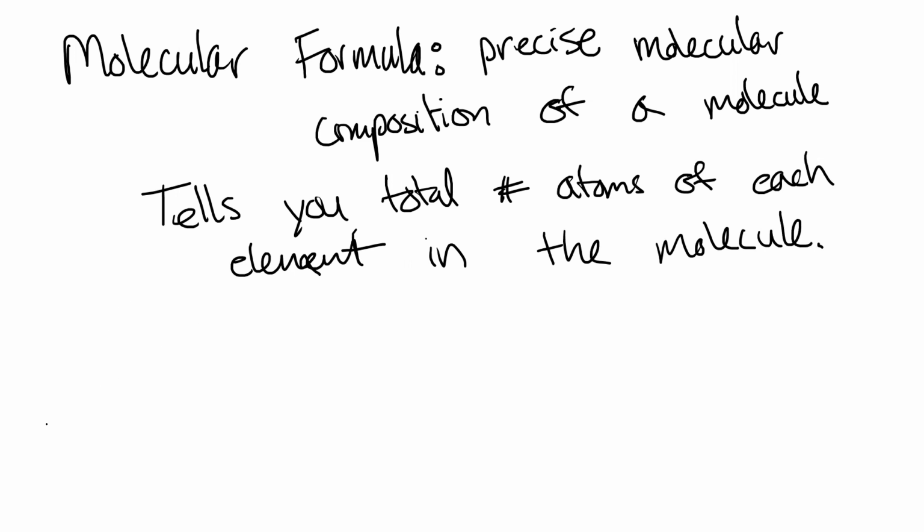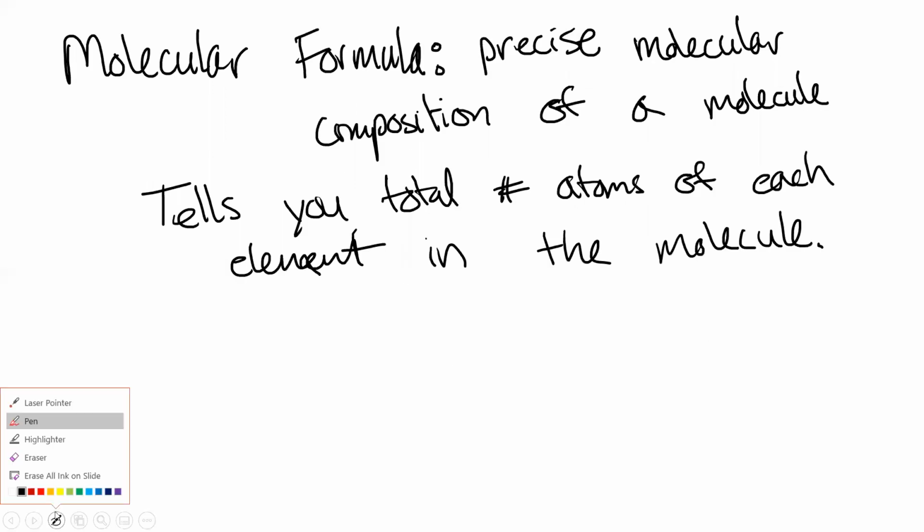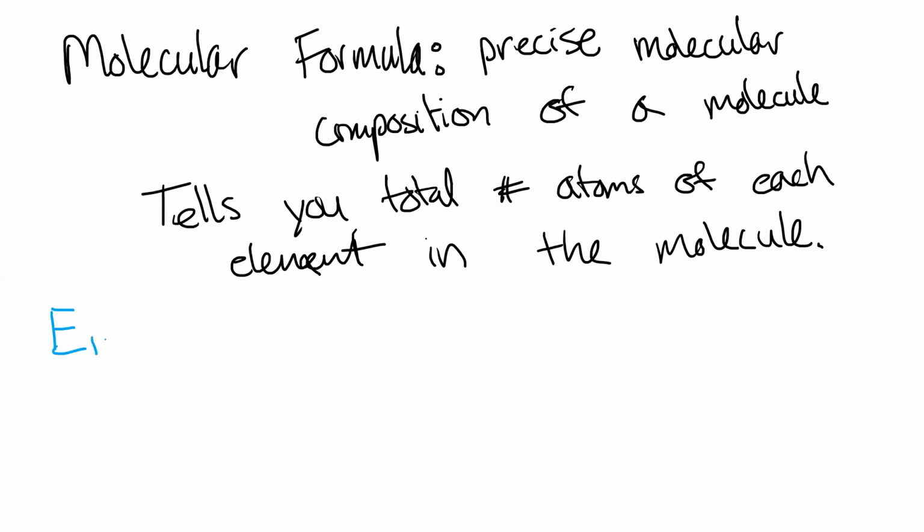Now I'm saying it's the total number because we have a different term, and that different term is the empirical formula. And I'm only mentioning this because the empirical formula shows up in this lab. So I don't want you guys to be lost. I want you to have the definitions. Okay.